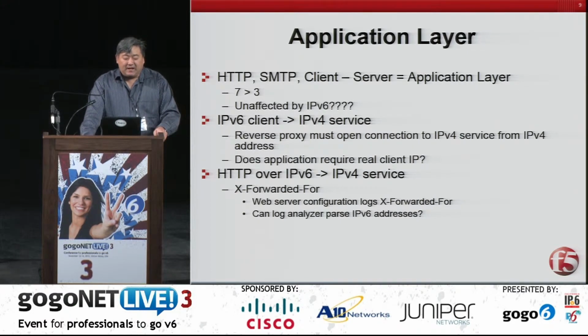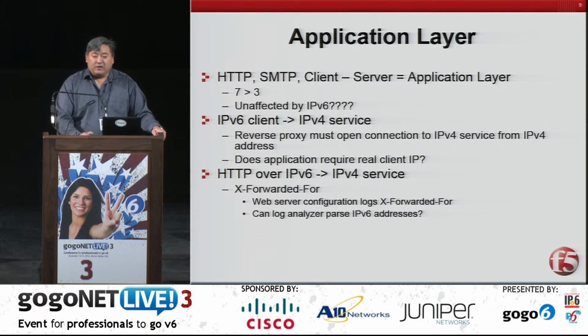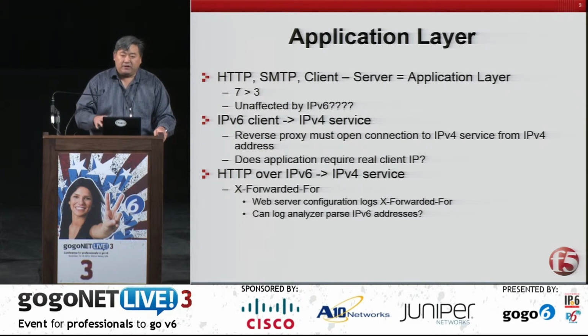Well, it means that I can now stick the IPv6 address into the X-Forwarded-For header, and although I'm opening up a connection to the servers using an IPv4 address, the servers now have access to the IPv6 information. It depends on the web server, but you can configure them to look for the X-Forwarded-For header or some other custom header and record that information instead.